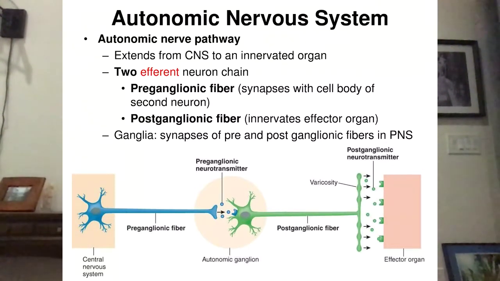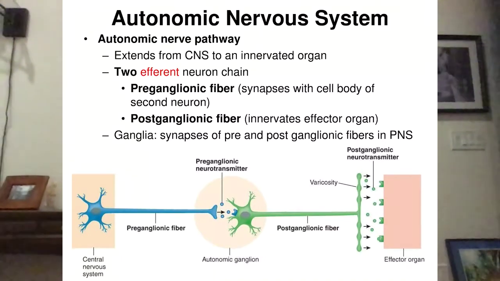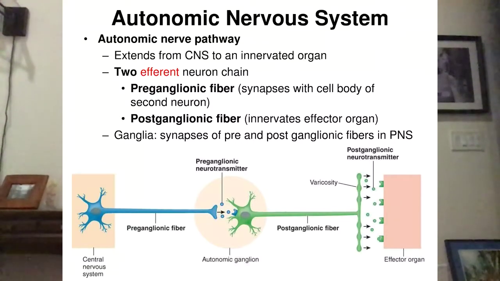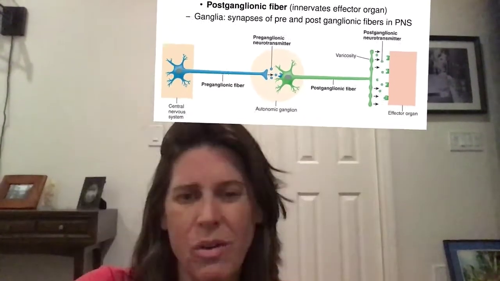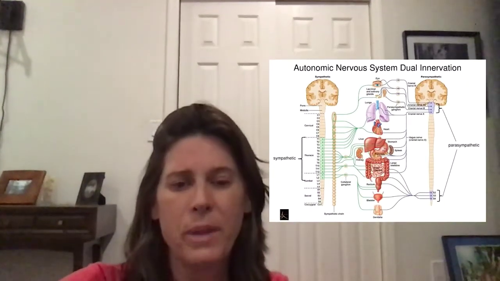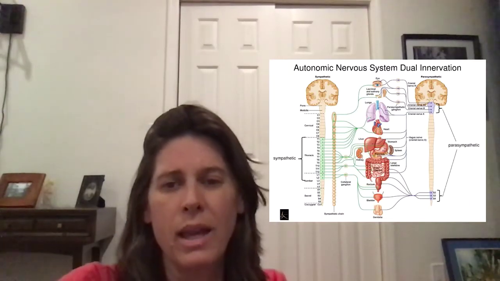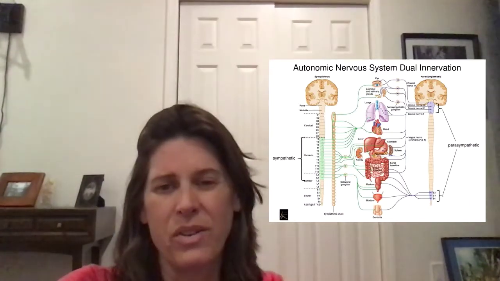Okay, the ganglia, or one ganglion, are where the synapses of the pre and the postganglionic fibers occur in the peripheral nervous system. Okay, and so we're also going to look at those because those are going to be anatomically different depending on what effect we want produced on the organ. And that has to do with the sympathetic nervous system and the parasympathetic nervous system.